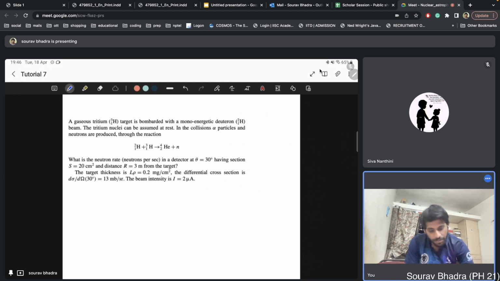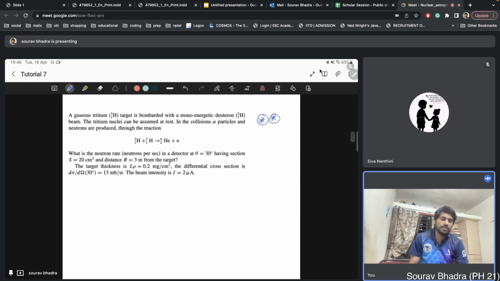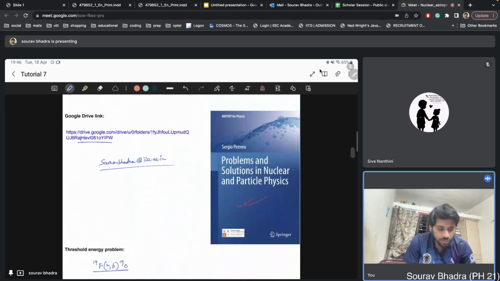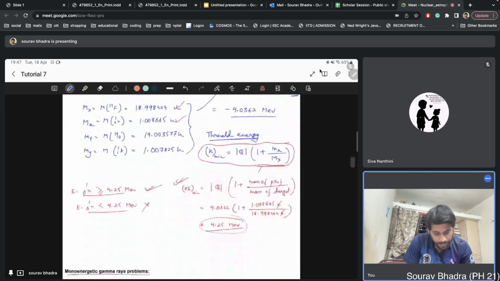This is a very good problem also. It takes into consideration the detectors, the position of detectors, reaction cross section, everything. As I have not gone to the detector part, I will do it in the next class. That will be the last tutorial. In the meantime, you can go through some of the problems of this book also. Again, I am telling you, it's a very good book.